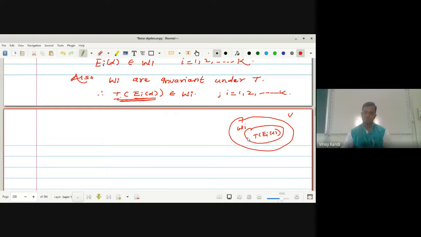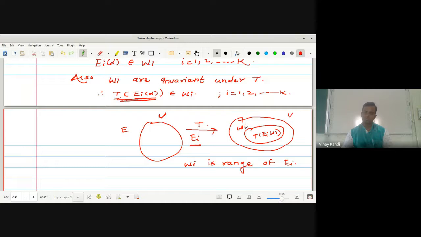Okay, what is Wi? Wi is the range of Ei. What is Ei? Ei is the projection, a linear operator on V. Let me explain it properly. This Wi is the range of Ei.